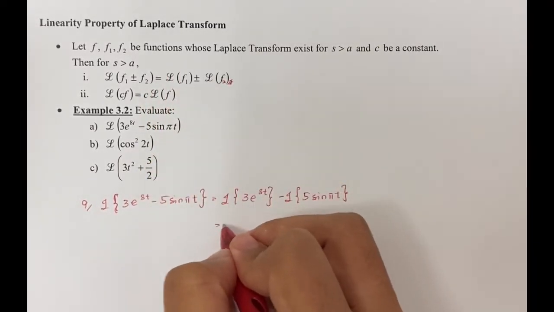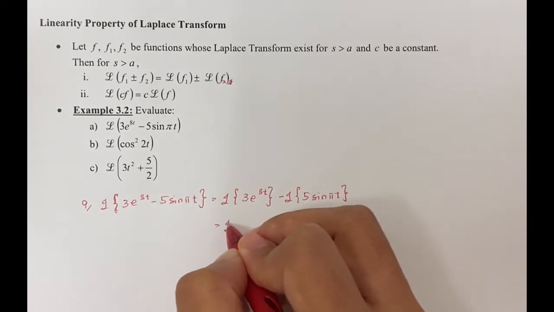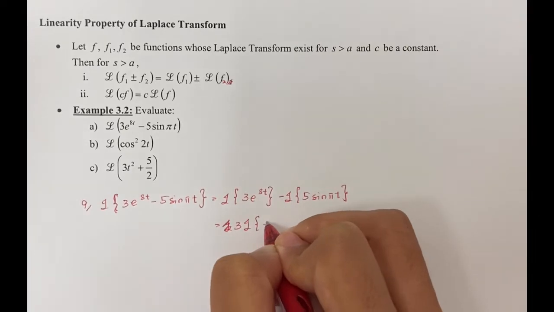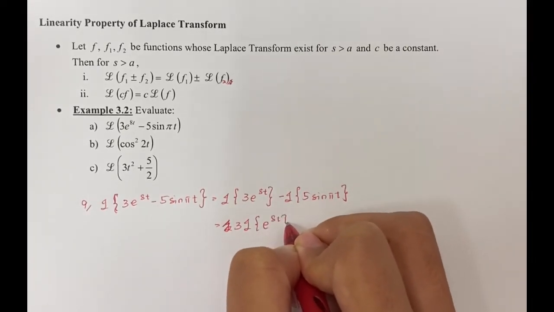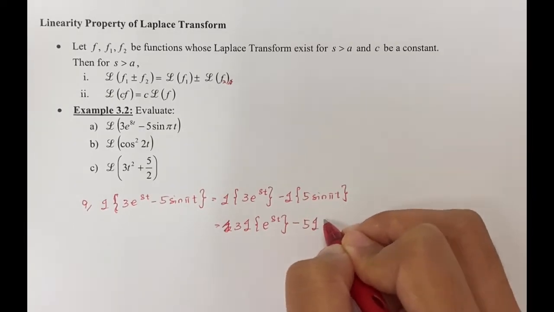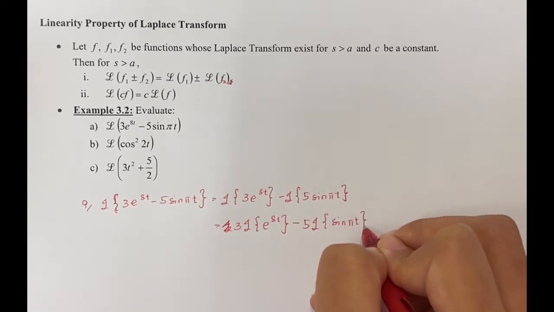Then, using the second property, this can be written as 3 Laplace transform of exponent 8t minus 5 Laplace transform of sine pi t.